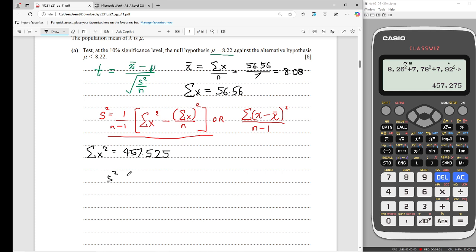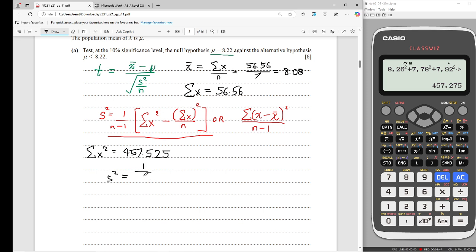S2 is equal to, now I don't need to write down exactly what I need to plug in the values for. Like I don't need to write 1 by 6 bracket sum x squared and all, because it's already stated, but for this case I will do it.